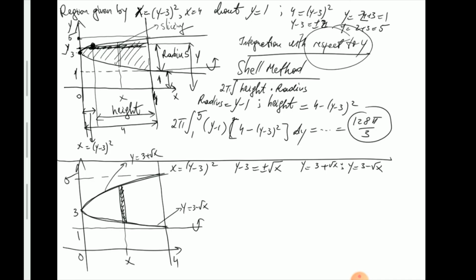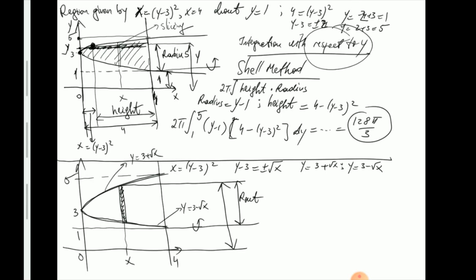And how do we compute the outer radius and the inner radius? Once again, make sure you keep in mind that your axis of rotation is not the x-axis, but y equals 1. So you need to subtract that 1. This is the outer radius, up to the axis of rotation.